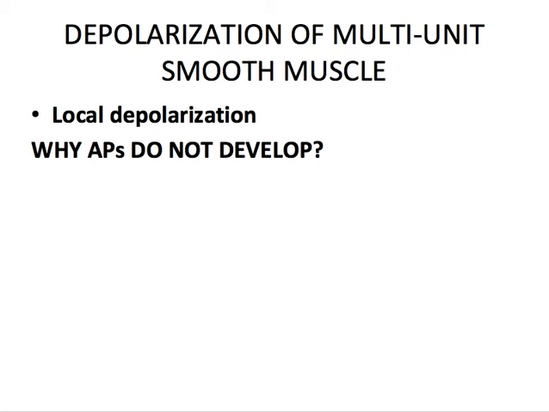In other words, in multi-unit smooth muscle, local depolarization takes place without action potentials. Instead, the chemical transmitter substances cause depolarization, which in turn elicits contraction.